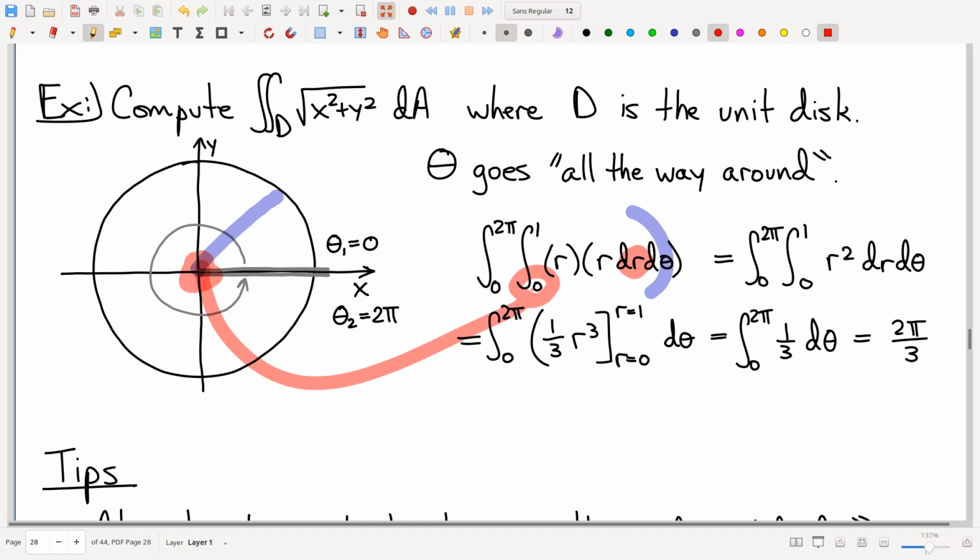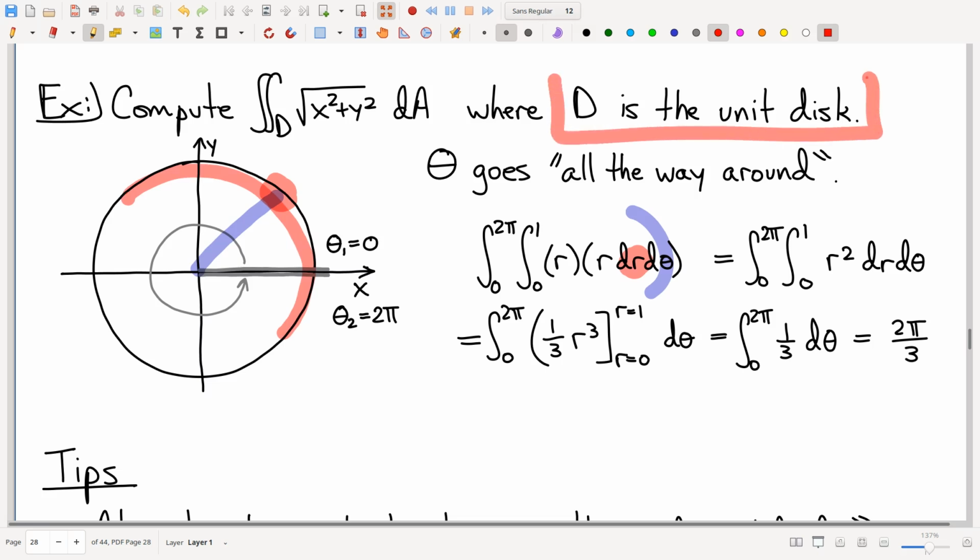And where does r end on this theta slice? Well, it ends at that point, which is on this curve, which has equation r equals 1 because it's the boundary of the unit disk. And what is the value of r on the curve r equals 1? Well, it's 1. And we're done. No pullback.